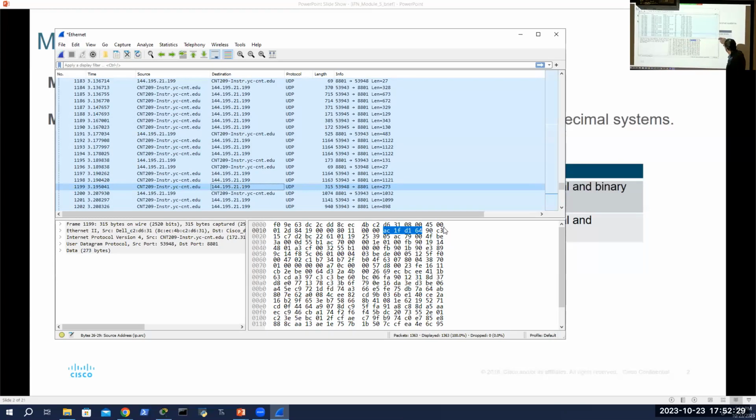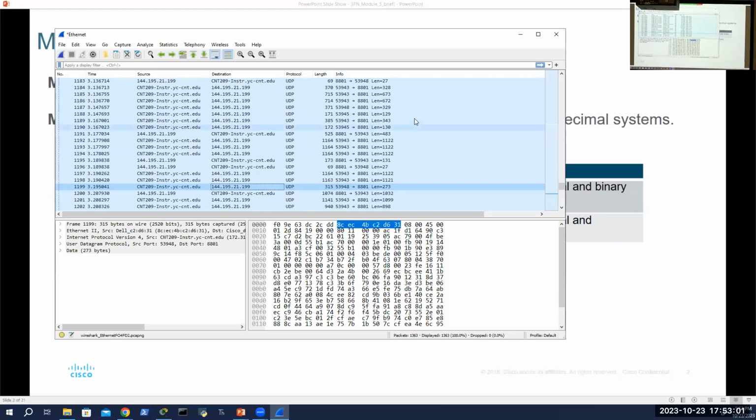Maybe it's just a view option that somebody changed, or maybe this new version of Wireshark turned it off. But what I'm used to seeing is the hex here, and then the ASCII, which is essentially any printable characters that these hexadecimal values represent. And most of it's just gibberish. It doesn't mean anything to you. But occasionally you can see words and sentences in the ASCII.